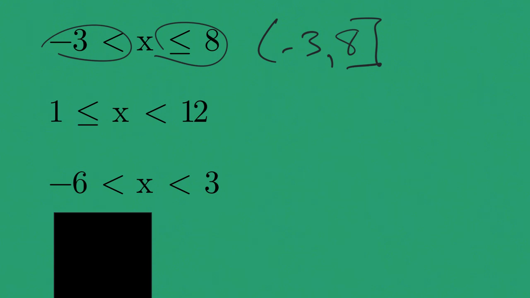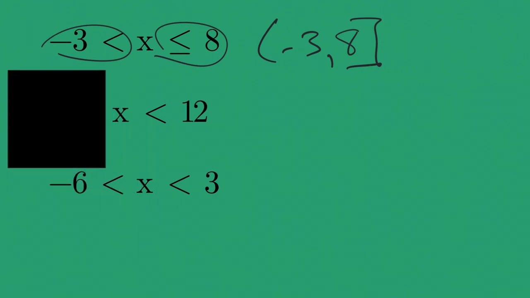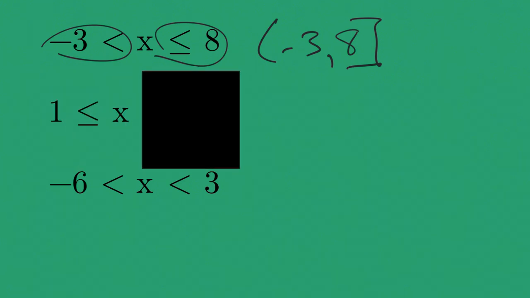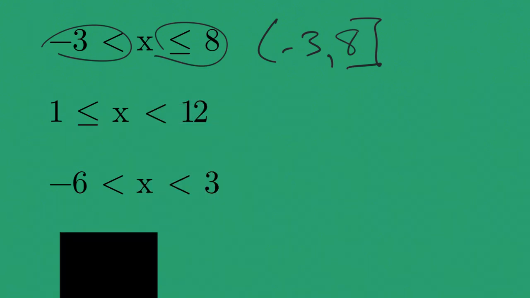Take a look at the next one. What's that inequality saying? Values that are less than 12 and values that are greater than or equal to 1. So we can go 1 comma 12.